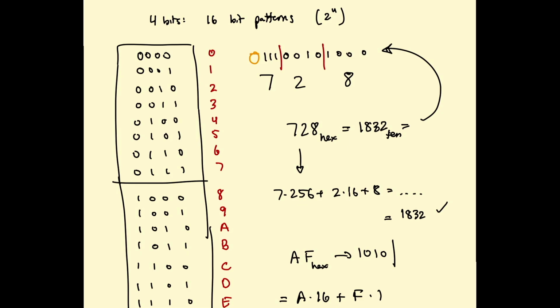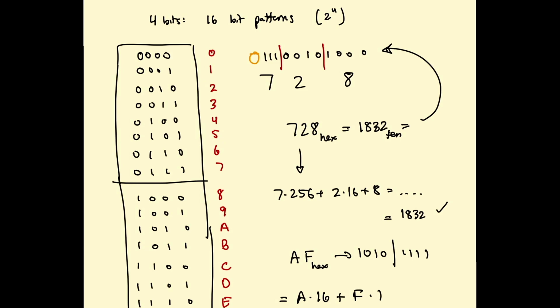And what's F? 1111. The bar I'm putting in the middle is not actually there. I'm just writing it so it's easy to see the groups of 4. I wouldn't actually write that in practice.